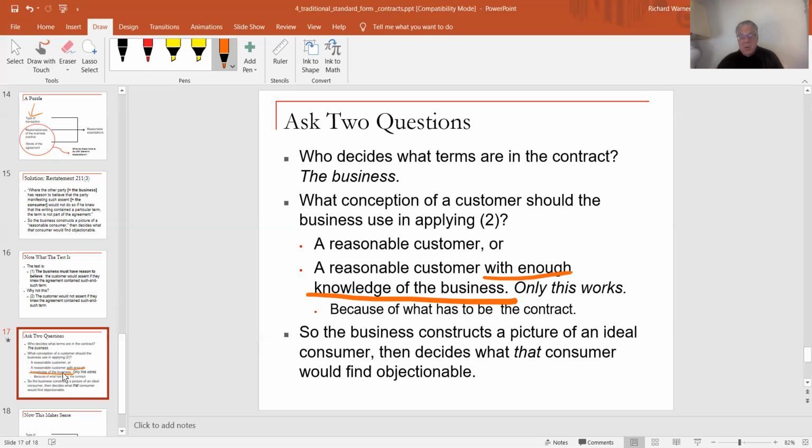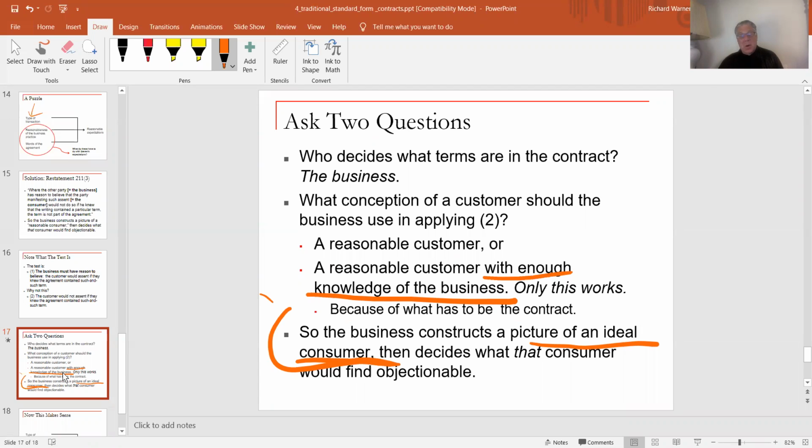So the business constructs a picture of that ideal consumer, and then decides what that idealized consumer, that reasonable consumer, with enough knowledge of the business and enough knowledge of the law to read the contract, would expect.